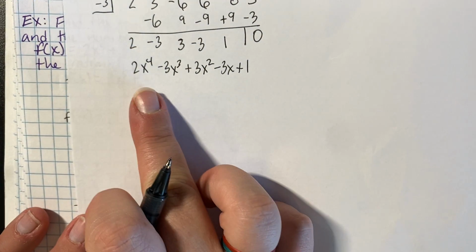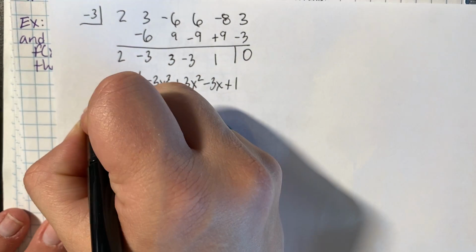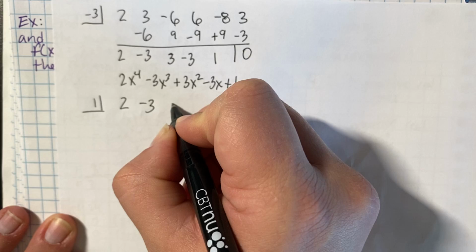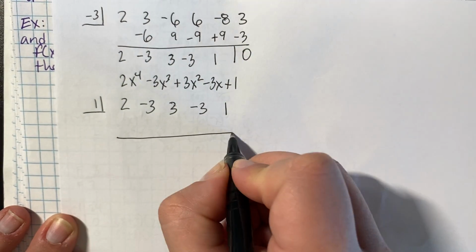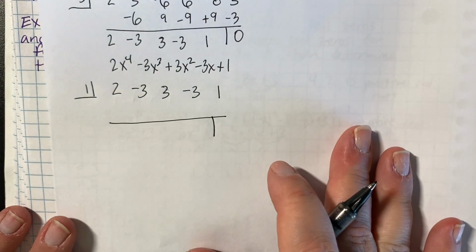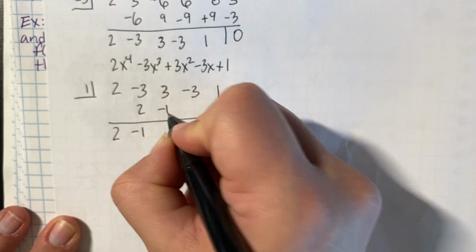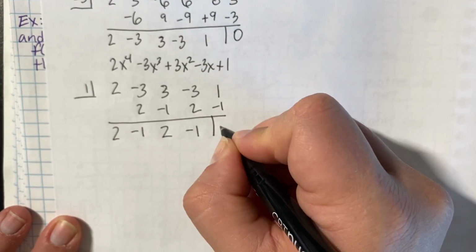So I'm going to take this right here, and now I need to use my 1. -1, -1, 2, 2, -1, -1, 0.